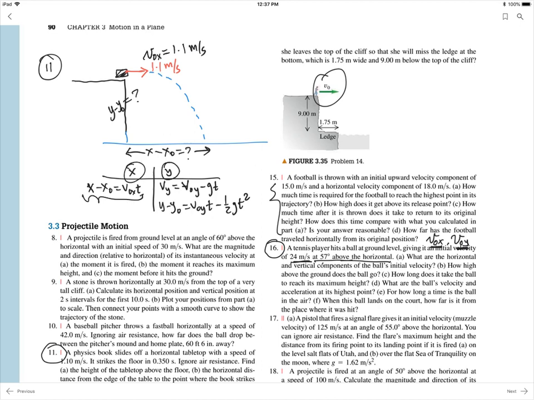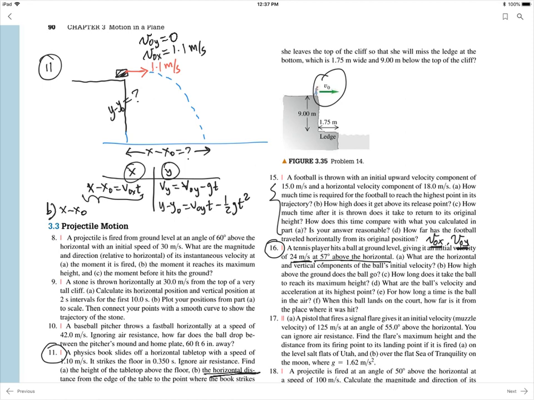What about v0y in this case? Initial y velocity is 0 because it's purely horizontal, so no component in vertical. v0y equal to 0.